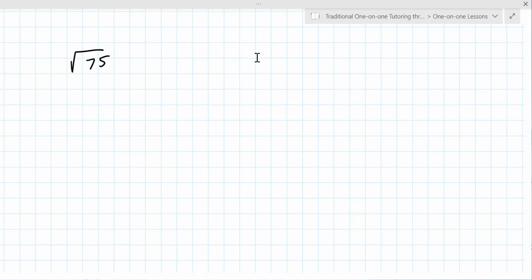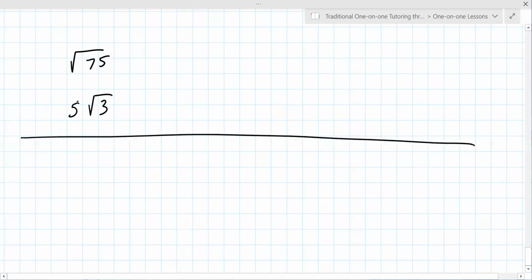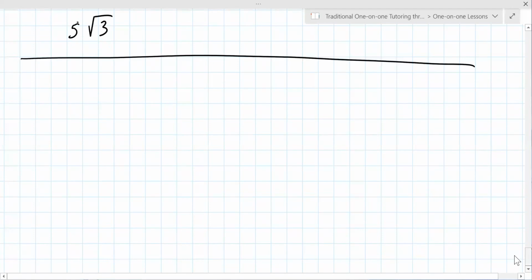All right, so 5 on the outside and 3 on the inside. That's right. Perfect. Okay. So let's try one that's a little bit more difficult here. Let's go with the square root of 24.